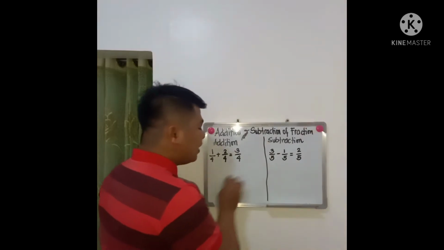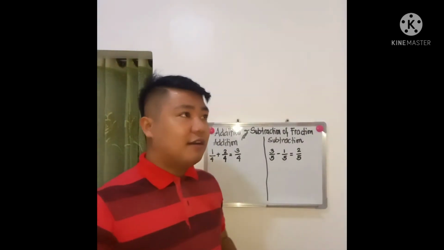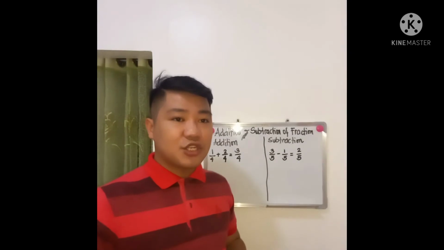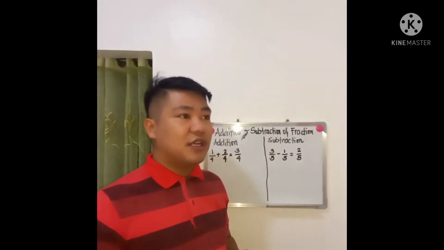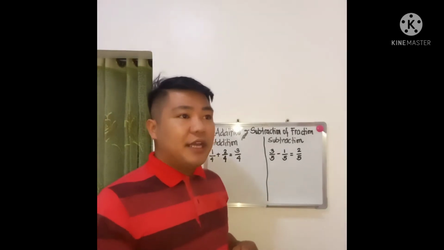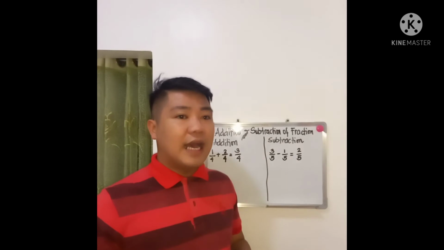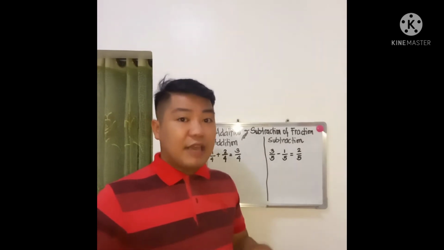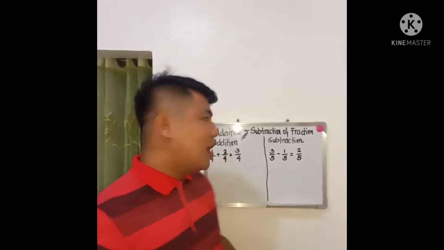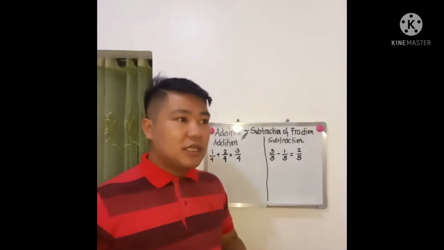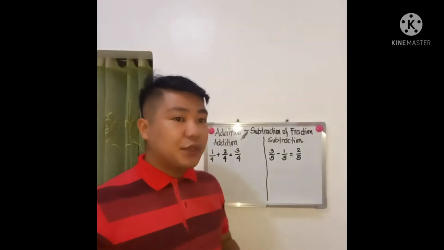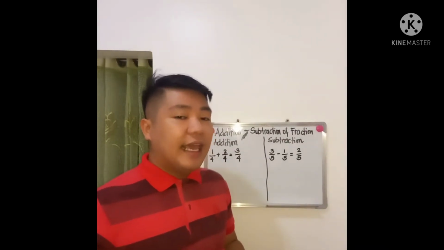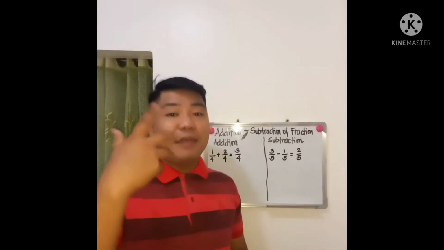Alright, so actually based on the denominator of a certain fraction, meron tayong dalawang uri. That particular fraction that has the same denominators and those fractions na hindi same ang kanilang denominator. So those expressions or fractions having the same denominator, regardless of the numerator, is what we call similar fractions.